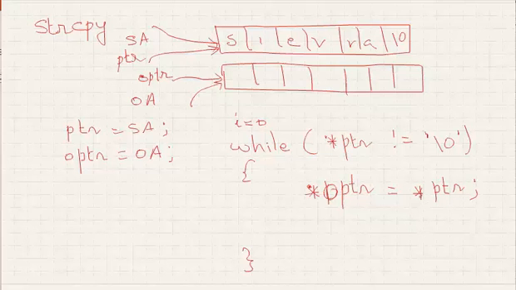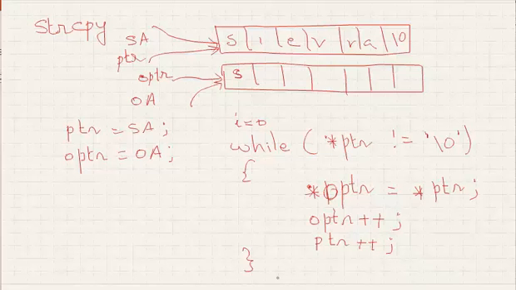So wherever you have the pointer pointing to, put it in the output pointer. That means it's pointing to S, and it will copy S the first time. Then I need to increment this pointer to the next address, and this pointer to the next address, right? So OPTR plus plus and PTR plus plus.